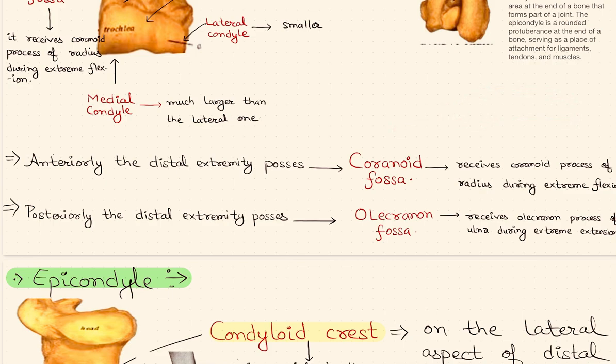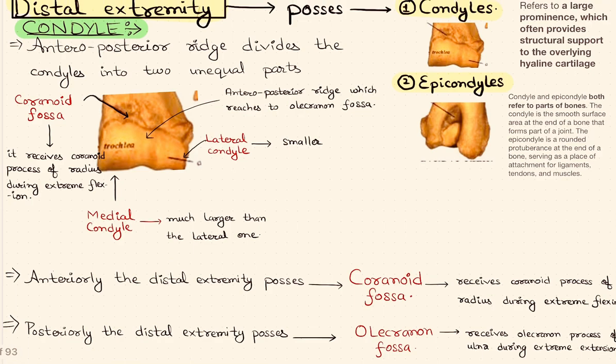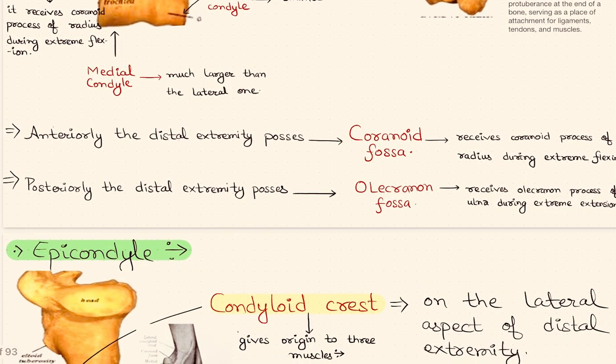During flexion, the coronoid process of the radius bone comes into the coronoid fossa. And during extension, what is extension? Extension is nothing but the movement of the forearm away from the arm region. During extension, there is a process, the olecranon process in the ulna bone, which is received by the olecranon fossa.